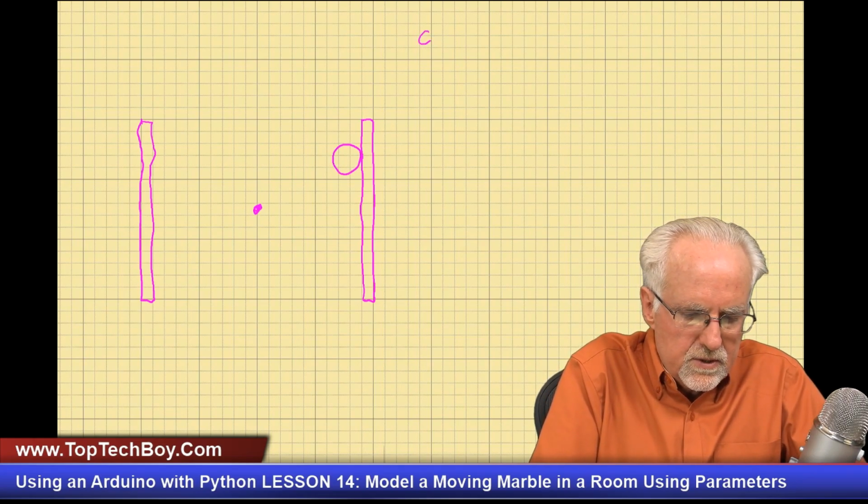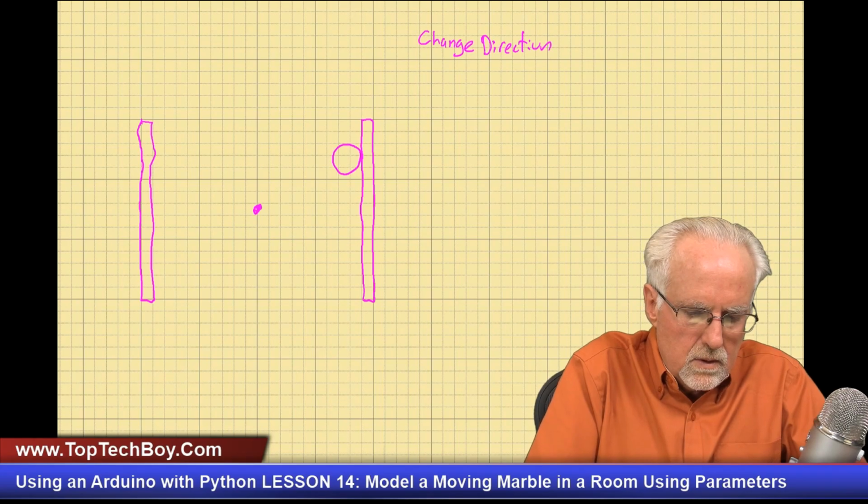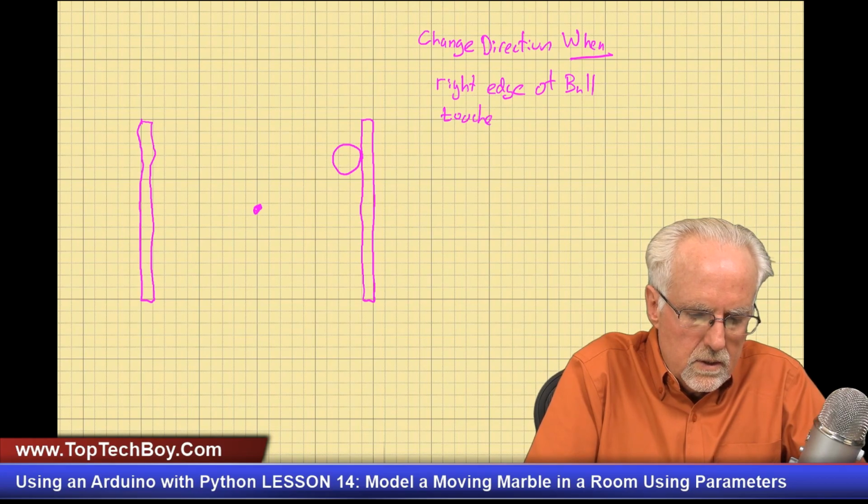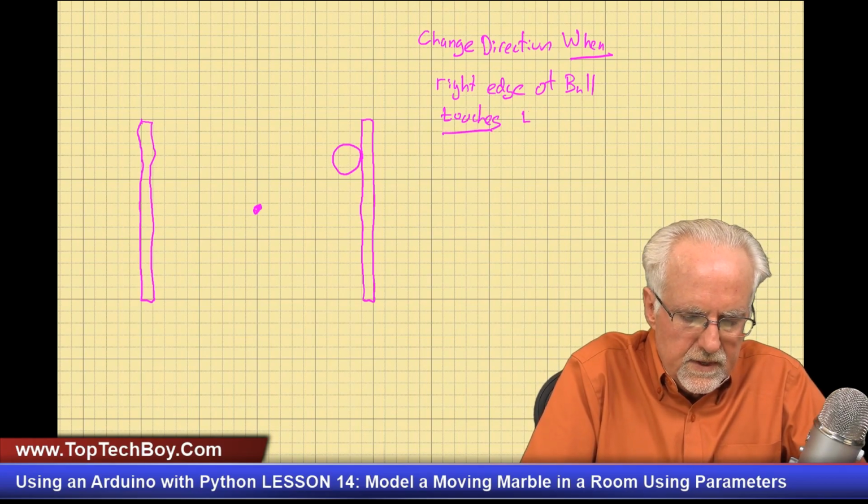We want to change direction when the right edge of the ball touches the left edge of the right wall.